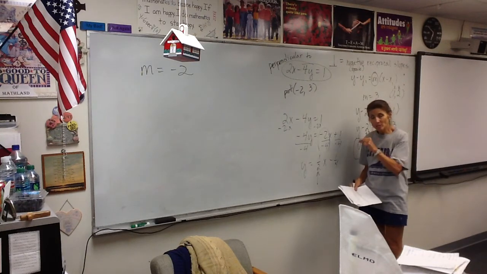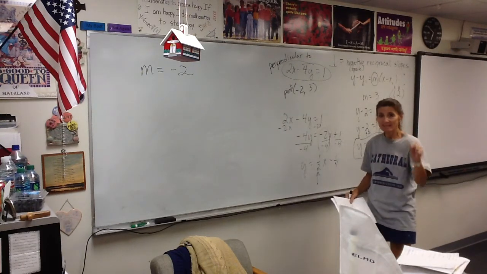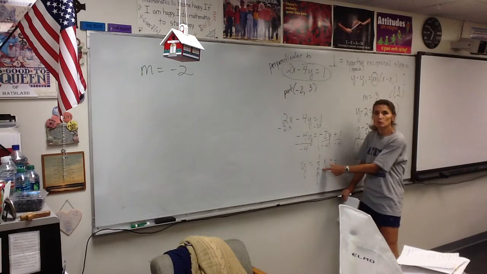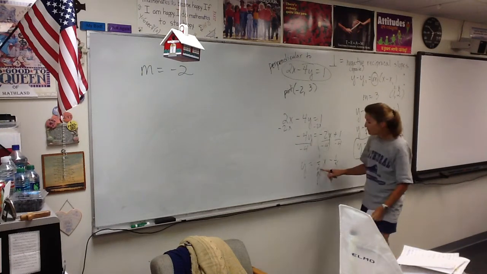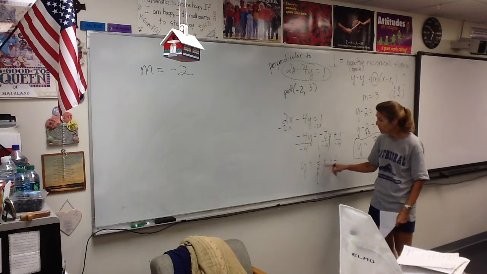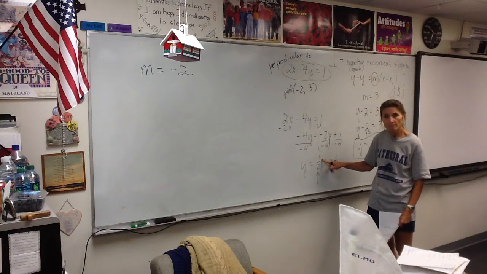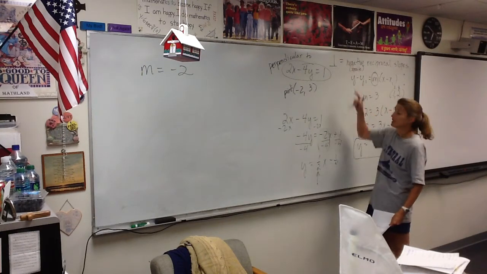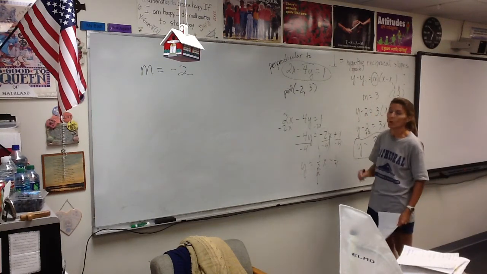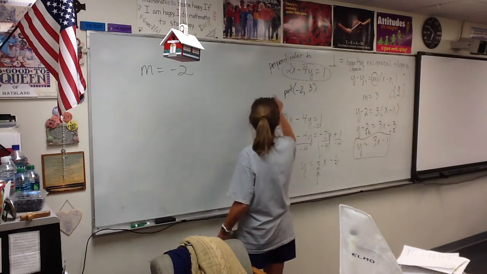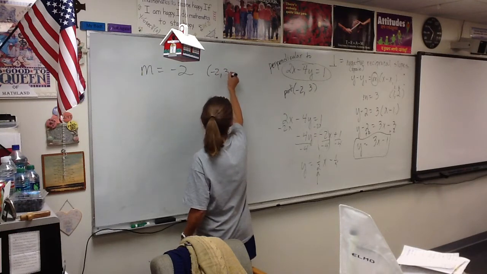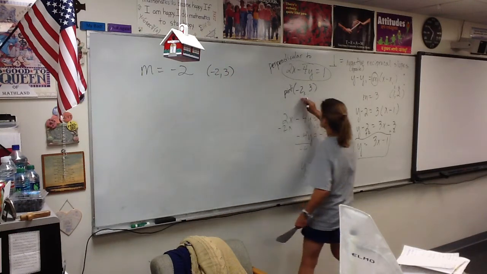Since this question wants a perpendicular line, I can't use 1/2. I have to use its opposite reciprocal. The opposite reciprocal of this, flip it over, you get 2/1. Make it opposite, or make it negative, you get -2/1 or -2. So my slope is -2 and my point is still -2, 3. That was given in the problem.